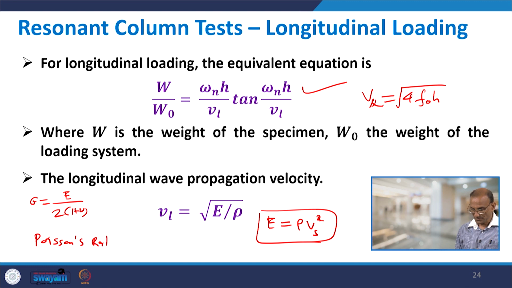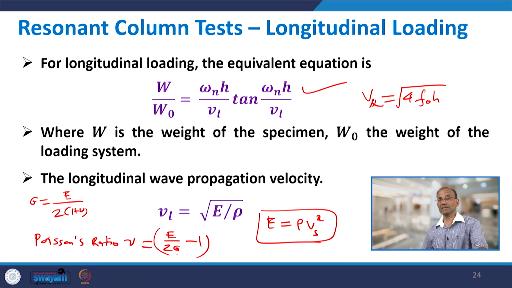Poisson's ratio nu can be calculated as E divided by 2G minus 1. So, using this relation we find the Poisson's ratio if you know E and G, and both E and G are found from the same resonant column apparatus, from two different modes of vibration. G is found using torsional loading, while E is found using longitudinal loading.